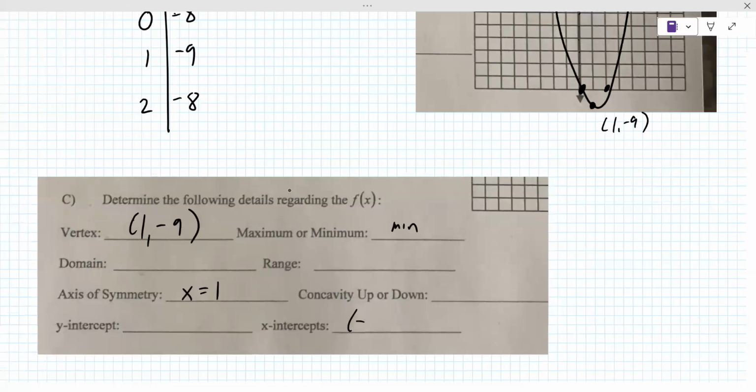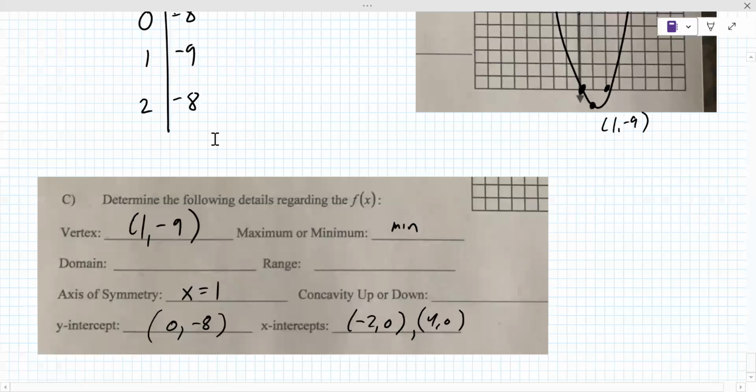That's the -2, 0, and then the 4, 0. And then we just happen to land the y-intercept as well. Unfortunately, we don't have enough time to talk about these. Short of me just giving them to you, I don't know if that would help, but we've done this in other lessons, so maybe take a look at those and see if you can find something, or maybe you already know the answers. But we do unfortunately have to stop here for today.